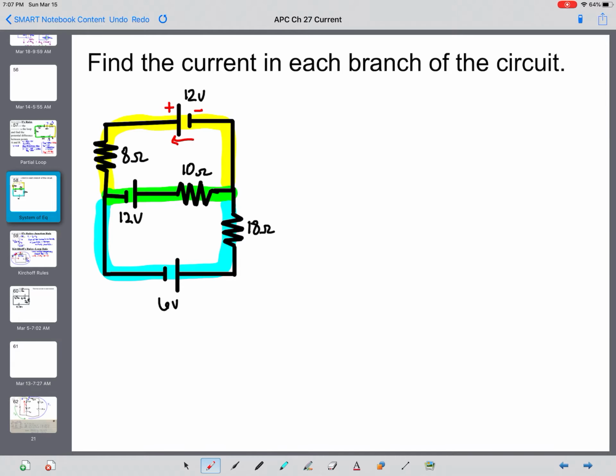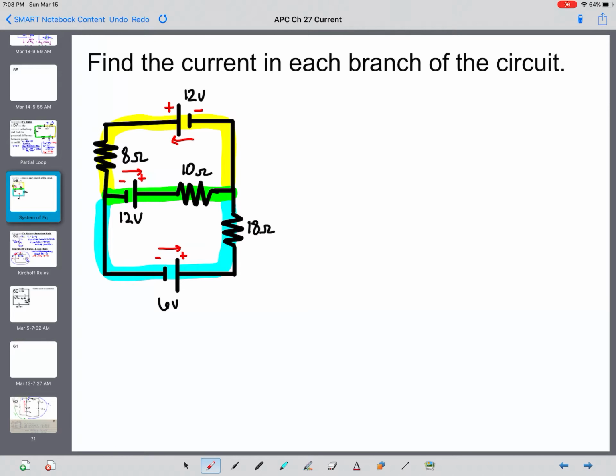The battery on the middle branch, negative terminal, positive terminal, is trying to push a current to the right. And the bottom battery, negative terminal, positive terminal, is trying to push current to the right. I'm going to use that as a guide for what direction I put the currents.